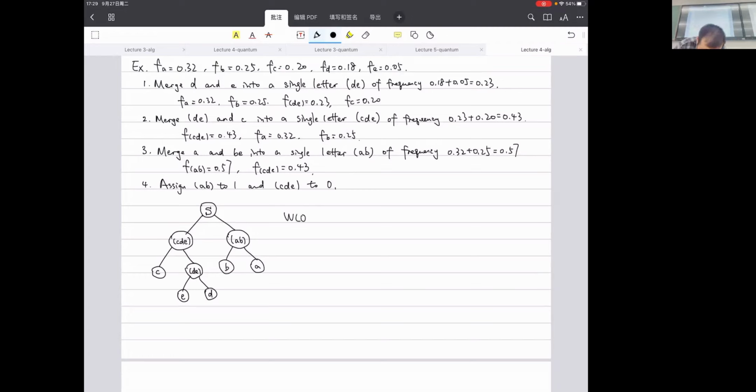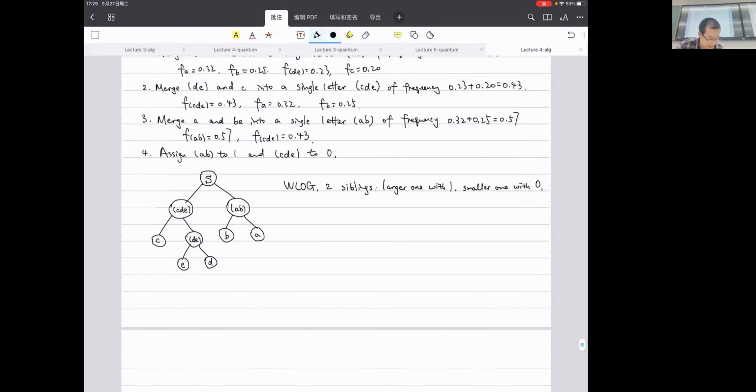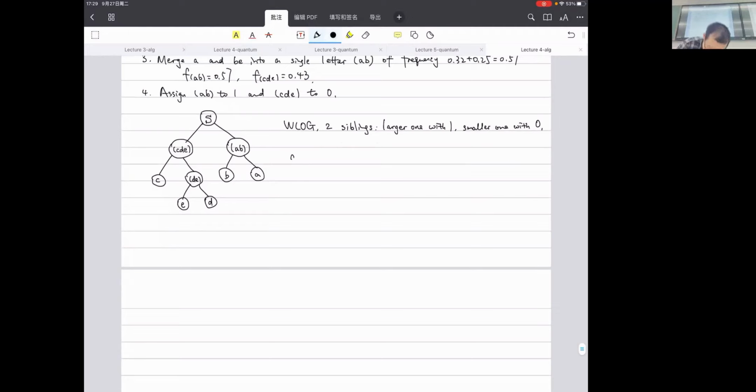As we just mentioned, without loss of generality, if we have two siblings, we give the larger one 1 and the smaller one 0. So in this full binary tree, A is 1, 1, and B is 1, 0, and C is 0, 0, because left, left. And D is 0, 1, 1, and E is 0, 1, 0.